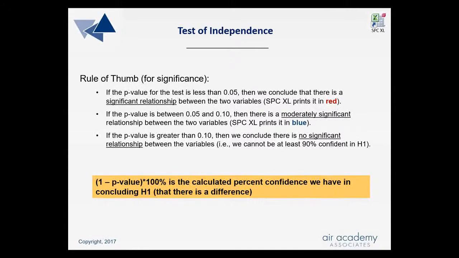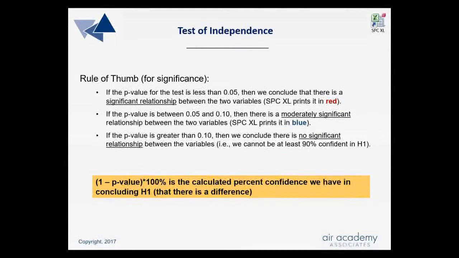If the p-value is between 0.05 and 0.10, then there is a moderately significant relationship between the two categorical variables, and SPC Excel will print this value in blue. If the p-value is greater than 0.10, then we will conclude there is no significant relationship between the variables. That is, we cannot be at least 90% confident in H1.